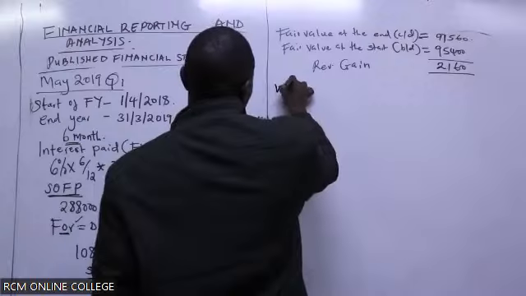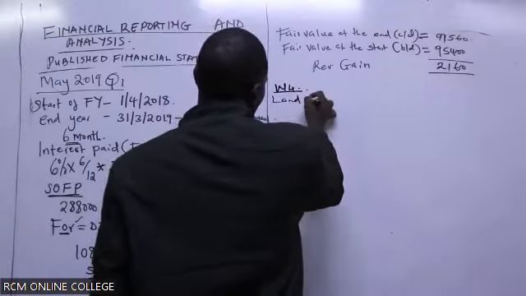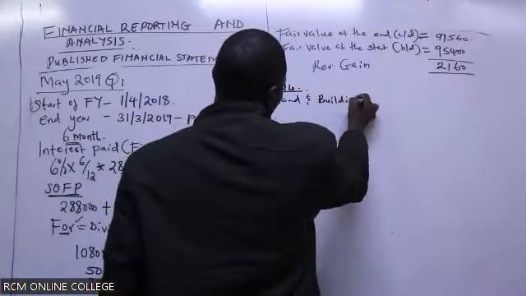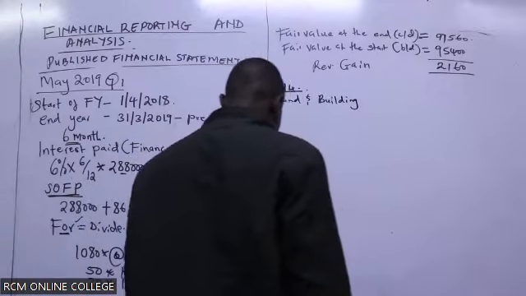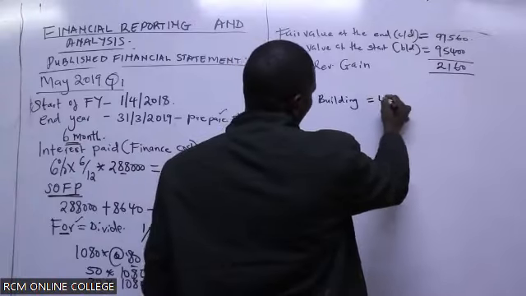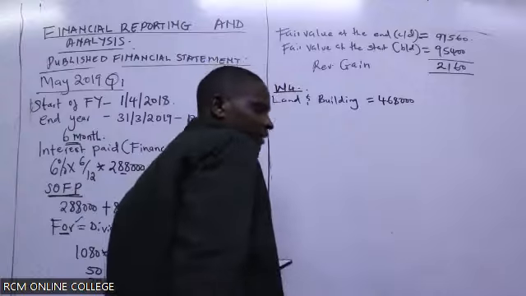This is working for land and building. So the total value for land and building is 468,000. That is land and building.